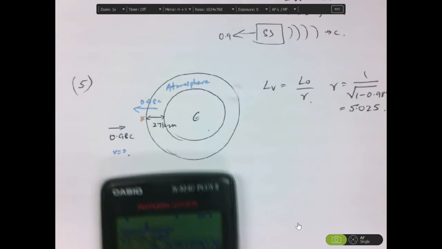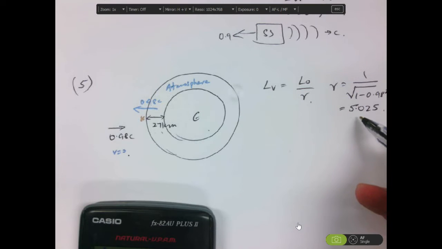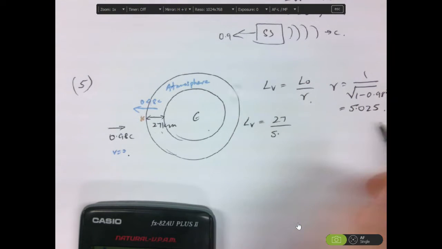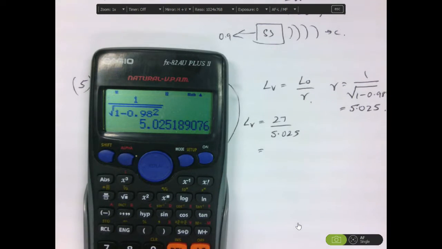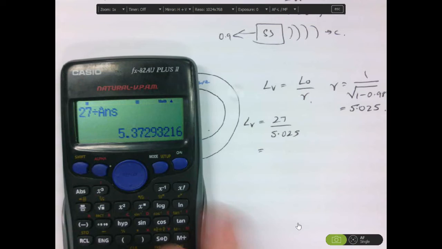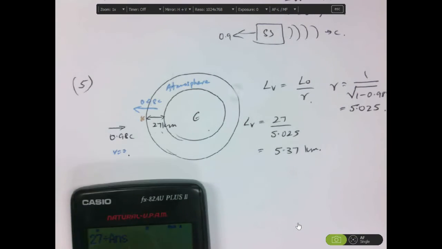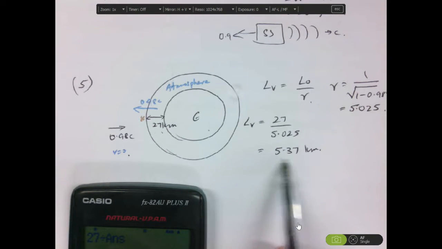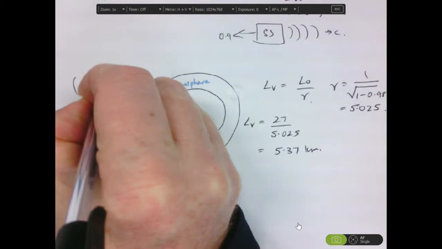So no longer does the muon see 27, it's going to see it foreshortened by a factor of 5. So it's going to be 27 divided by the gamma factor, which is 5.37 kilometres. Okay. So the muon only thinks the atmosphere is 5.37 kilometres in thickness. So that's A.